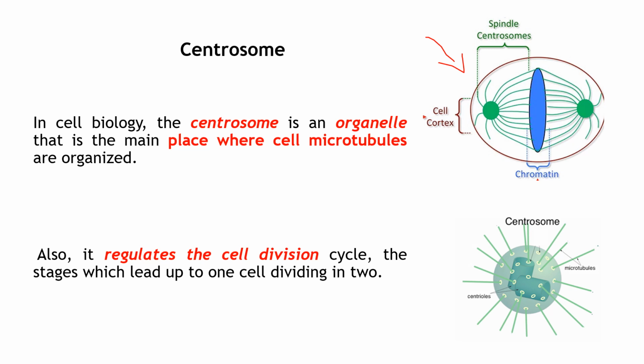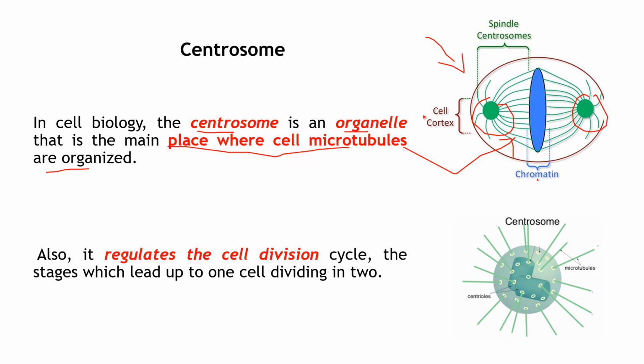This structure that is located here produces all these spindles, and these are called centrosomes. The centrosome is an organelle that is the main place where all the cell microtubules are organized. And here the microtubules are all these green structures that are going to pull the chromosomes.